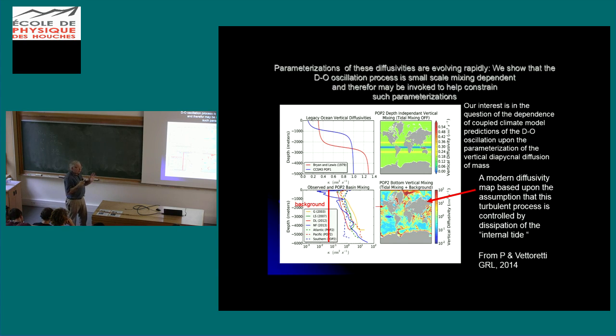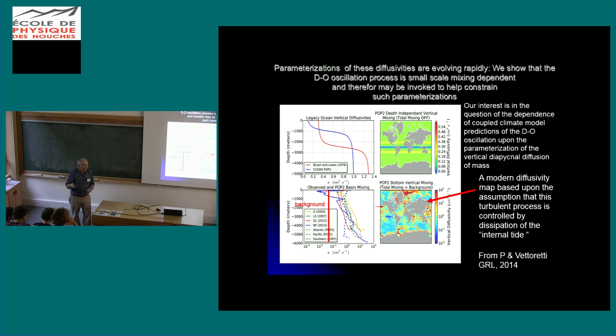Okay? Recent versions of the model are much more complicated because in the deep ocean we recognize that the effective diapycnal diffusivity strongly increases as you get closer and closer to the ocean floor. The idea is that's associated with the dissipation of the so-called internal tide that's produced by the flow of the barotropic tide across ocean bottom mountains, if you like.